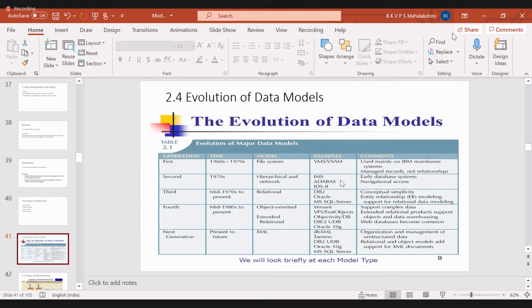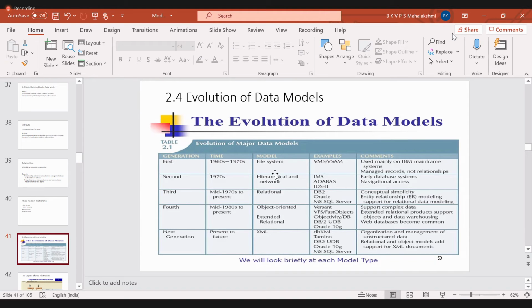Now we are using the 4th generation. At first, the first generation of data model is the file system. In the second generation they used the hierarchical and network models, and then they designed the relational model. Then finally we got the object oriented data model. These are the examples of the software.